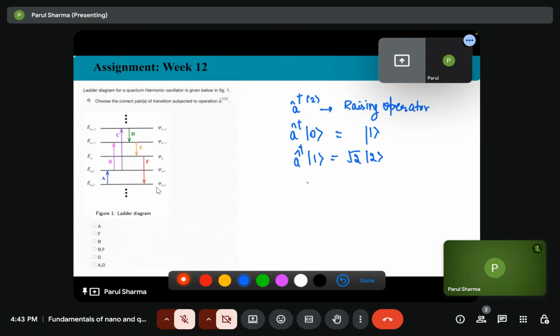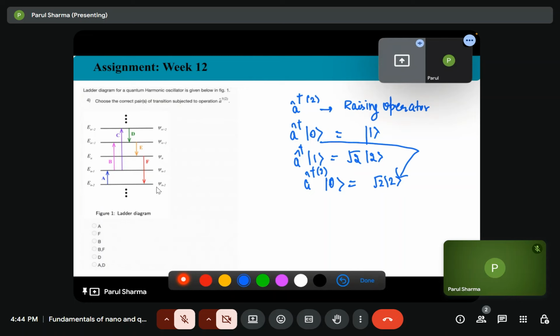So now we are applying A dagger 2 times on 0, then it will give us root 2 times 2. It means there is a jump of 2 states. First, it is getting excited from 0 to 1. When A dagger is applied once, then if we again apply the A dagger, it will move to the other state.